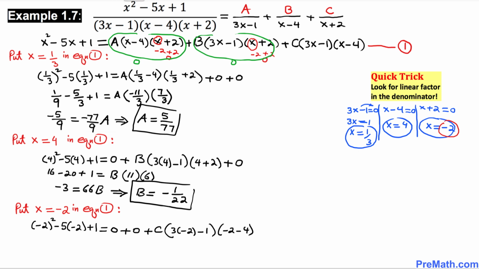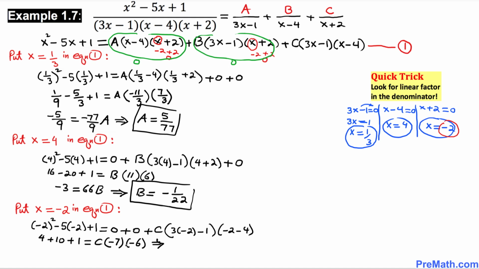Let's simplify now over here. Negative 2 squared is simply going to become positive 4 plus 10 plus 1. And on this side, c times this is going to become negative 6 and negative 1 becomes negative 7 times negative 6.